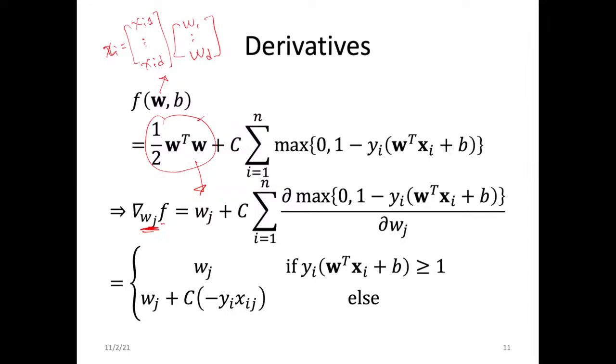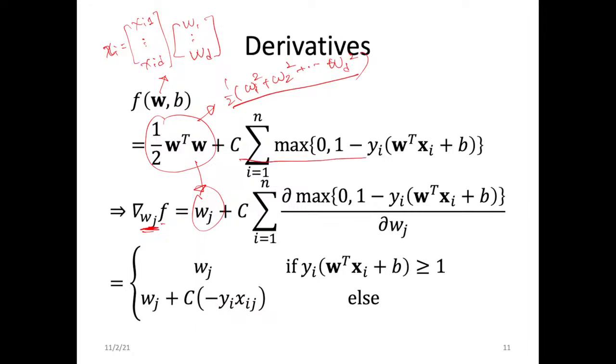Because this is essentially w1 squared plus w2 squared up to wd squared. So the partial derivative of this thing to a certain wj will give you only wj.